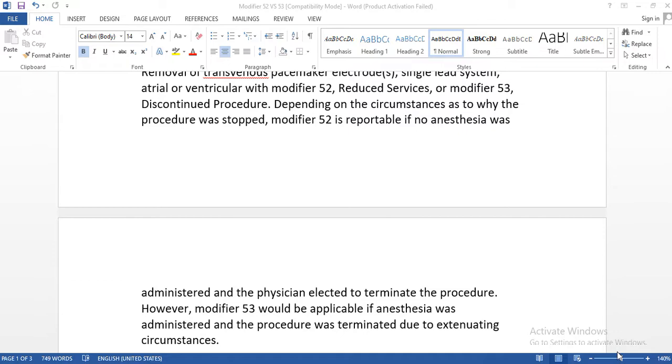And within the CPT code description, we need to check if it is a bilateral code. If the physician performed only one side, left or right, we need to use the 50 modifier to identify that the physician has performed the procedure on only one side.